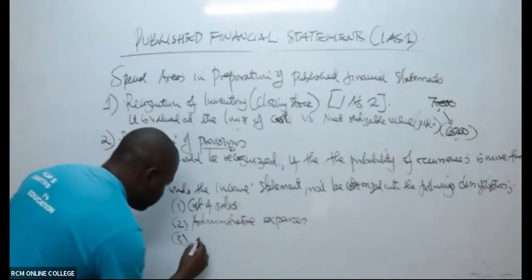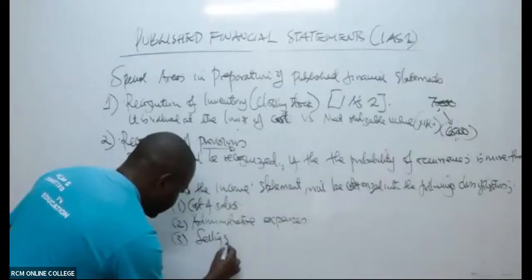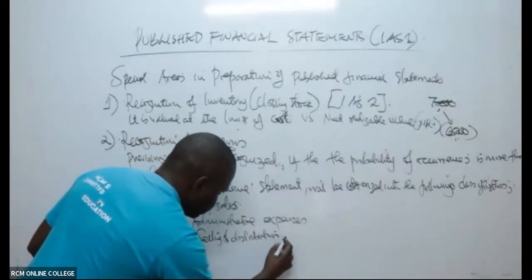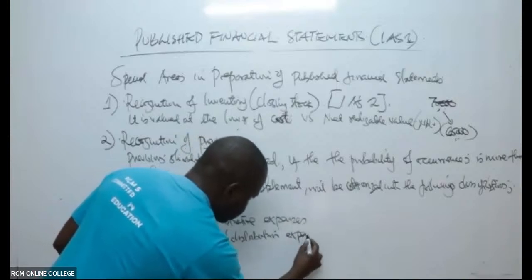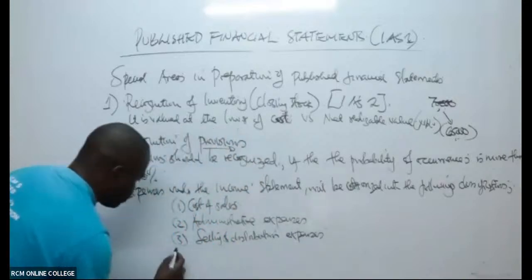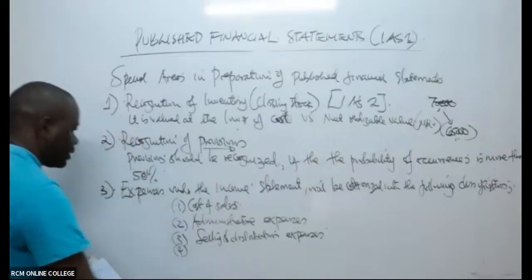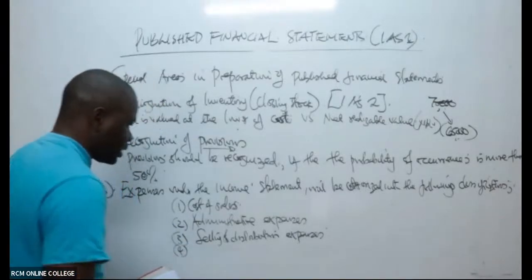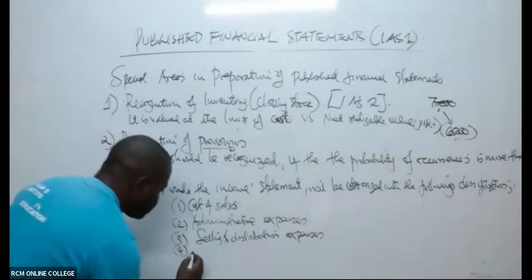Selling and distribution. Maybe there were expenses regarding distribution of goods, selling, and maybe commission to salesmen. You plug them as one figure. Finance costs. That's why in most income statements you see finance cost.